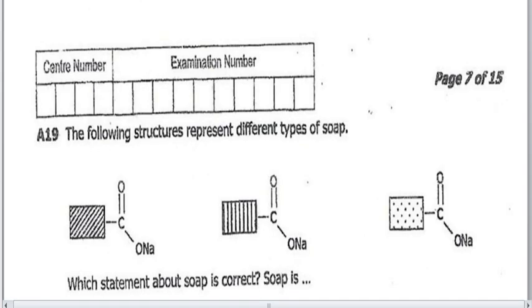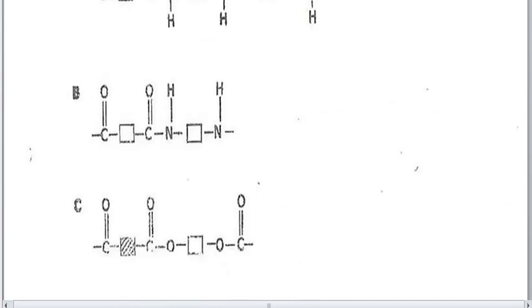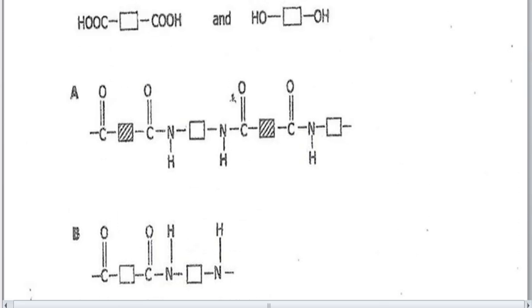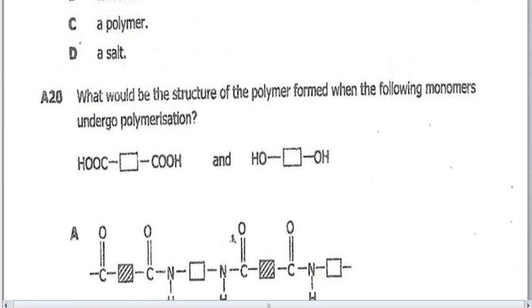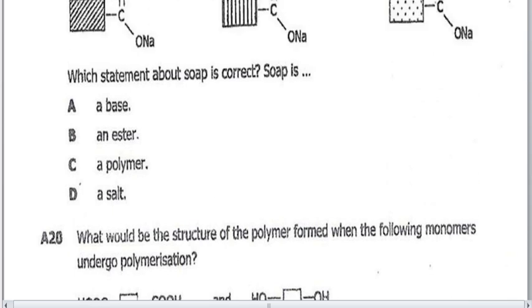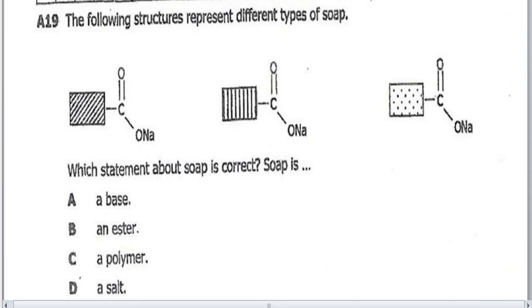Okay, we look at 19. 19 and 20 we have organic. There are questions on organic chemistry. So now let's start with 19. The following structures represent different types of soap. Which statement about soap is correct? Now look at what will happen here.